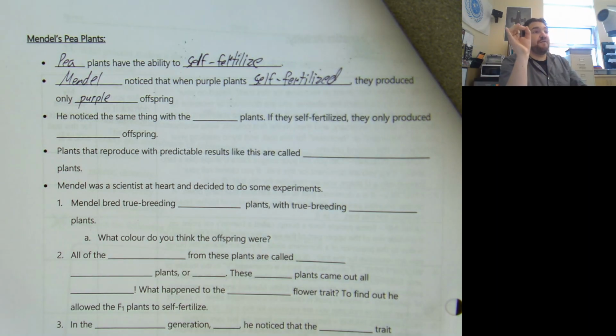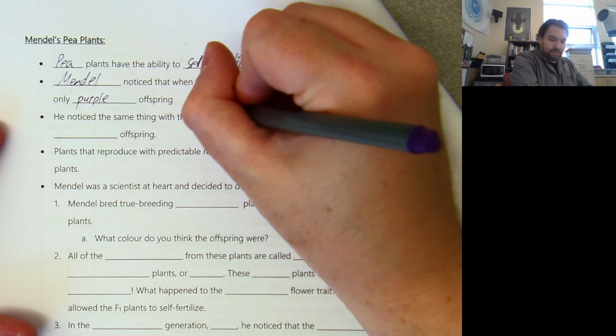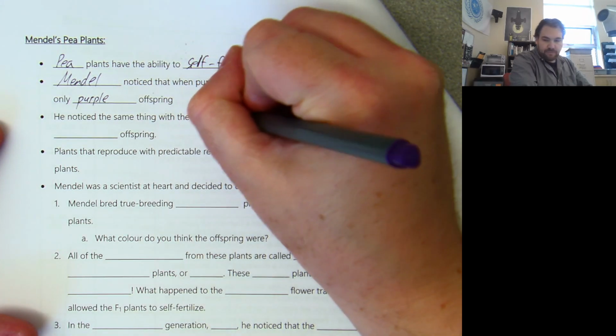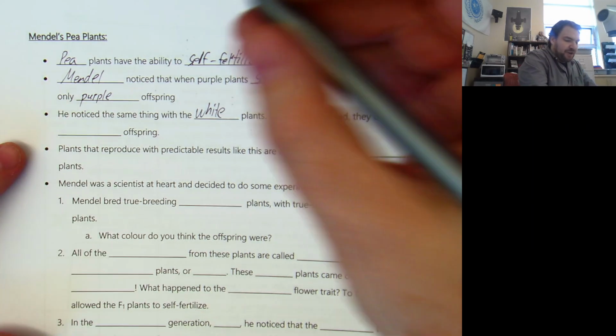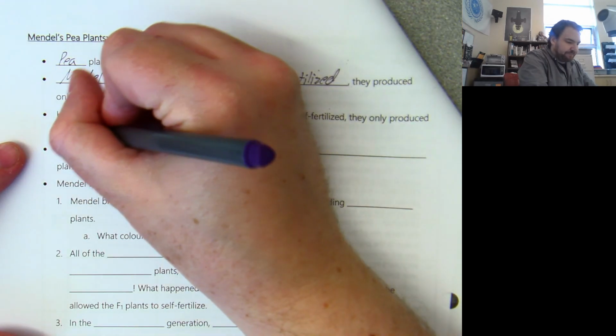And so when purple self-fertilized, all that was produced was purple. That's interesting. He noticed the same thing with white. He allowed the white plants to self-fertilize too. And when the white plants self-fertilized in the first generation, they only produced white offspring.